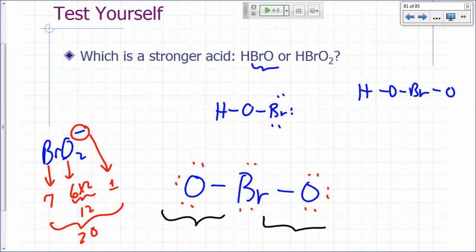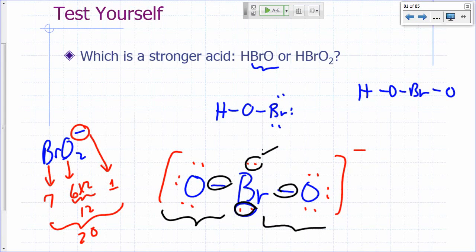That takes care of the 20, but let's look at formal charges. What's the formal charge for bromine here? How many electrons does it appear to own here? 2, 4, 6, 8, half of 8.